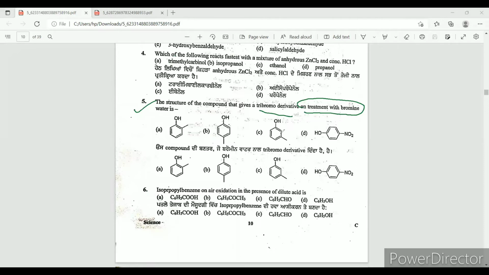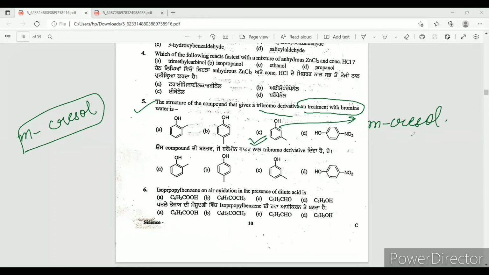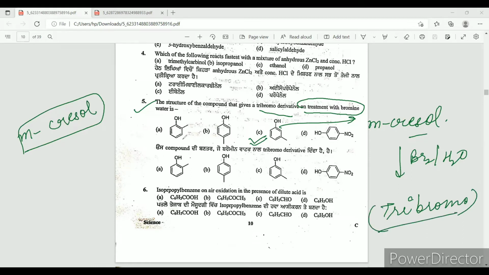The answer is C, that is metacresol. This structure is known as metacresol. Metacresol on treatment with bromine water gives you tri-bromo derivative, whereas ortho derivative gives you dibromo.